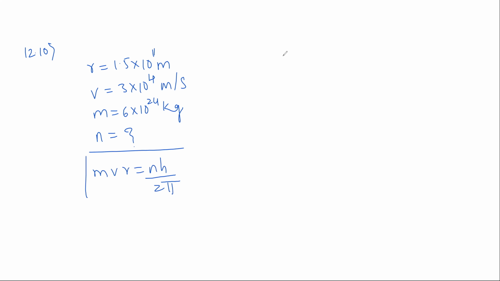Or you can use another formula, modifying this, n is equal to 2 pi mvr divided by h.